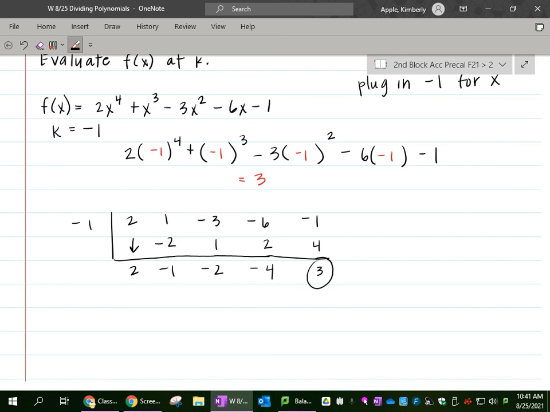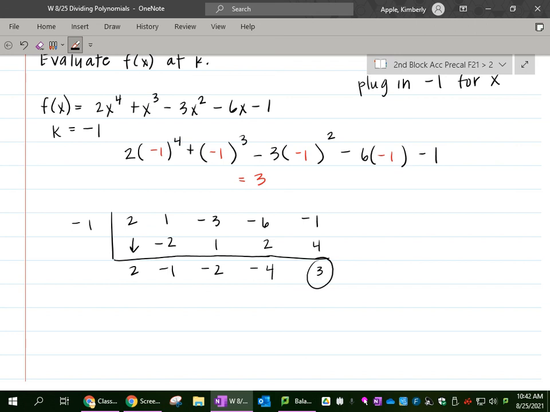The only difference is if you don't change the sign. Okay, so if you're dividing by some linear binomial, if I'm dividing by x plus 1, my synthetic division will have a -1 on the outside. And really, if you want to know, the reason for that is because if we solve this factor for 0, it will be -1. So in this case, notice I did not change the sign.